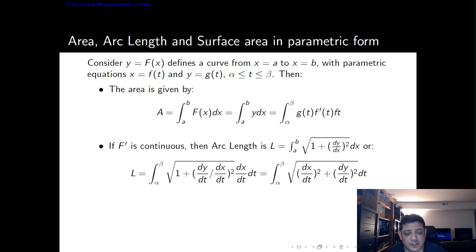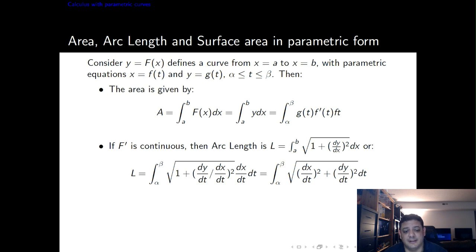Now, in a similar fashion, the arc length function that we have from before, if you remember, was the integral from a to b of the square root of 1 plus (dy/dx) squared dx. And if we use the chain rule here, then you're going to find that you have a very similar formula. Now, changing what y is in terms of t using f and g, by the chain rule dy/dx can be seen as (dy/dt)/(dx/dt).